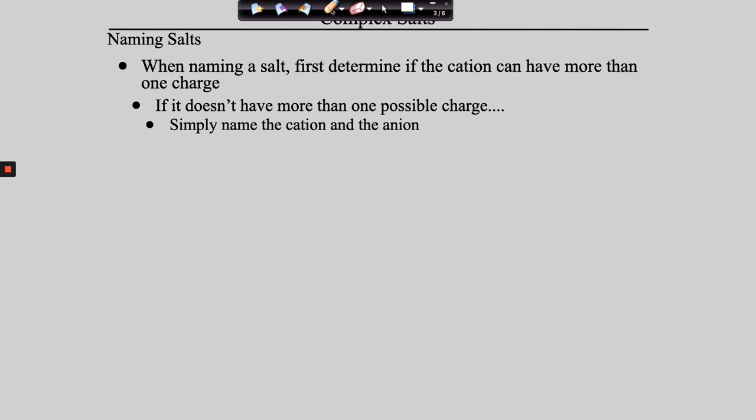Can I ask kind of a screamingly obvious question? What's this? Table salt, which is actually what? Sodium chloride. Why do we not call it sodium 1 chloride? It sounds stupid, right? Because sodium is +1.